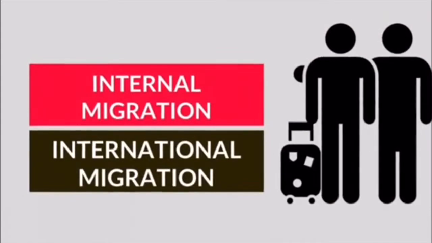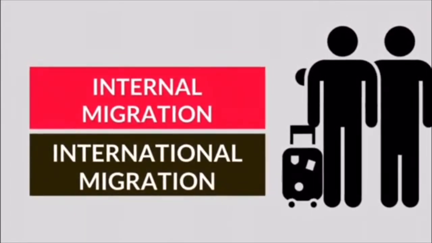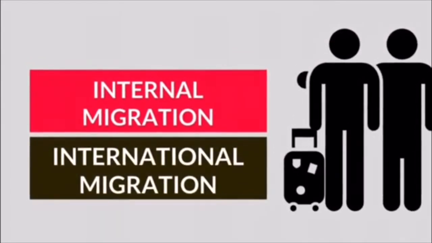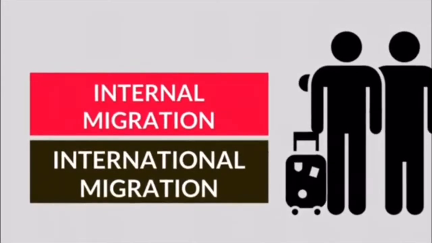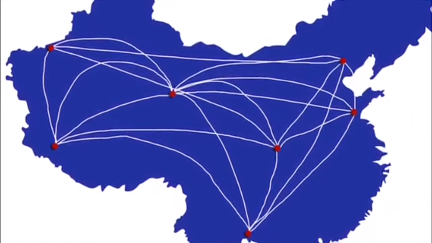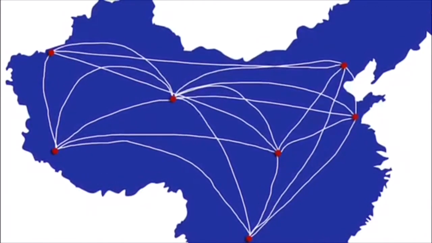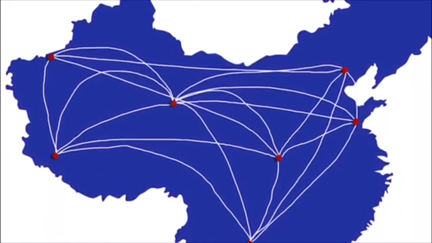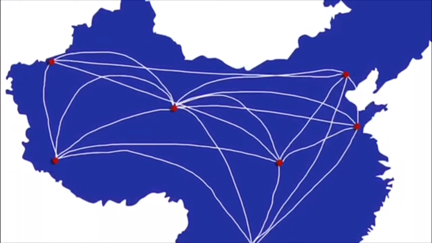The two types of migration that are important in explaining where an immigrant is going are internal and international migration. Internal migration is a permanent move within the same country. Two types of internal migration are interregional migration and intra-regional migration.